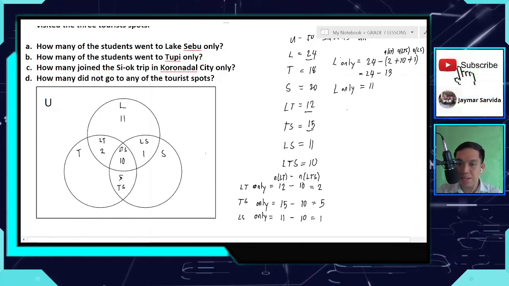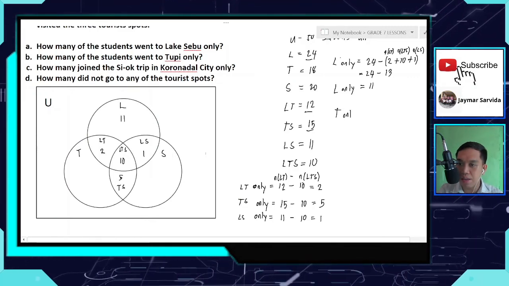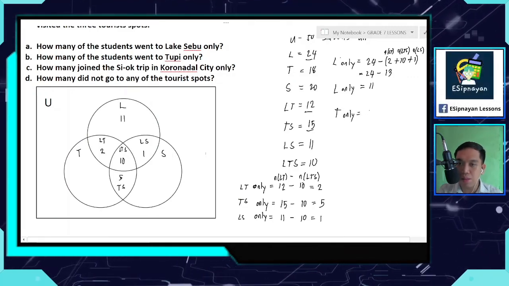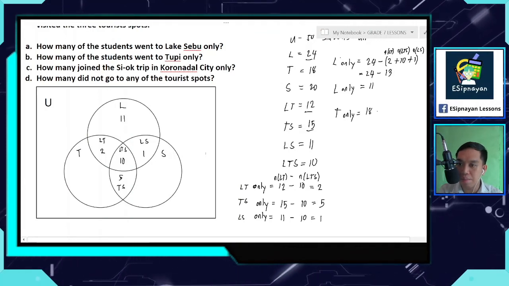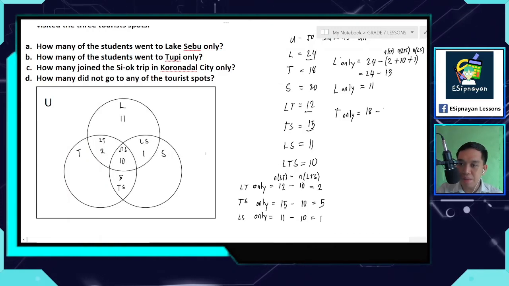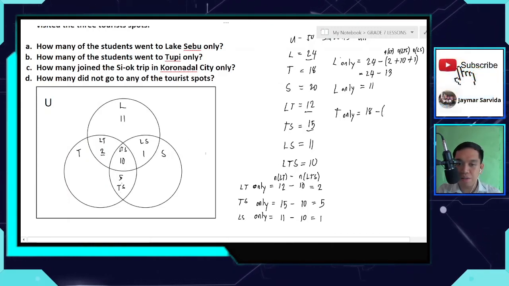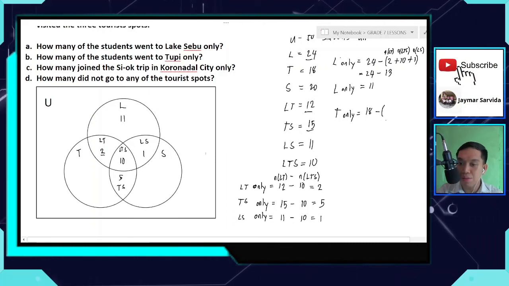Then, next is kay T only. T only. That is equal to 18 minus, okay, i-add muna natin itong 2, 10 at saka 5. Okay? 2, 10, and 5. So, 2 plus 10 plus 5.